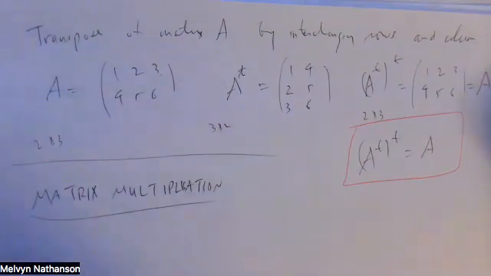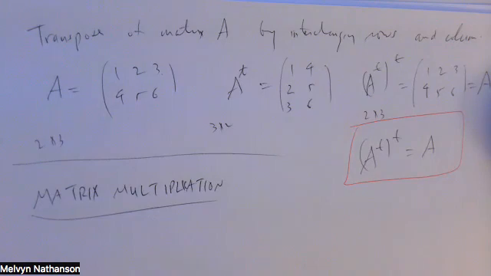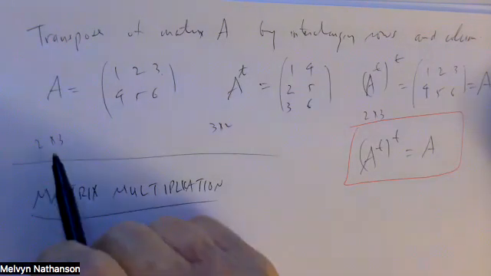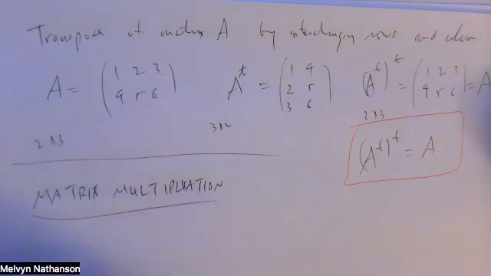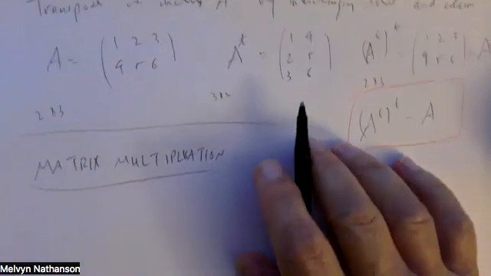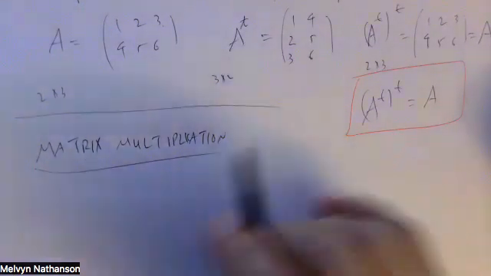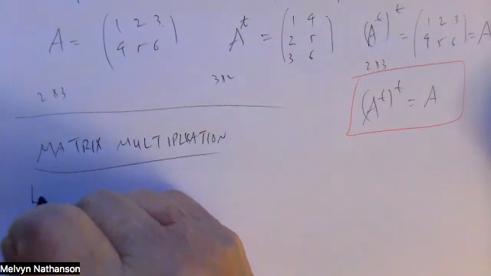It's not the case that you can multiply matrices that have the same shape. In fact, if you take a 2 by 3 matrix and another 2 by 3 matrix, it's not possible to multiply them. When is it possible to multiply them?